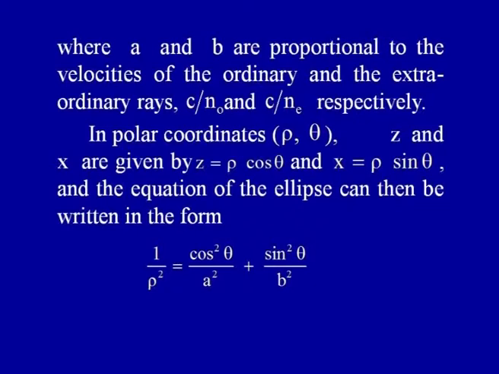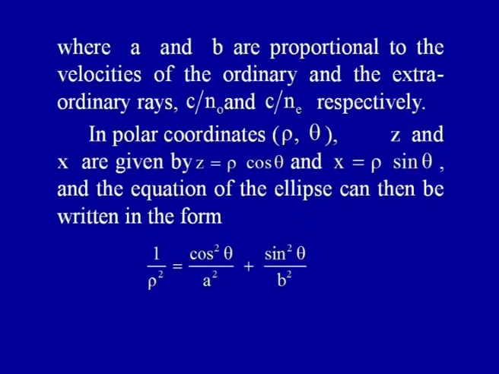In polar coordinates rho, theta, z and x are given by z equal to rho cos theta and x equal to rho sin theta, and the equation of the ellipse given above can then be written in the form 1 upon rho square equal to cos square theta upon a square plus sin square theta upon b square.